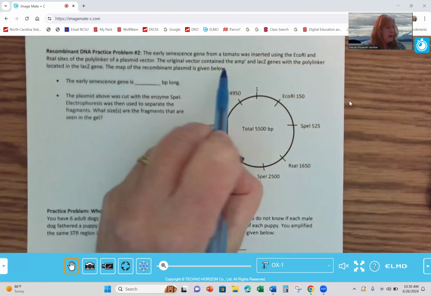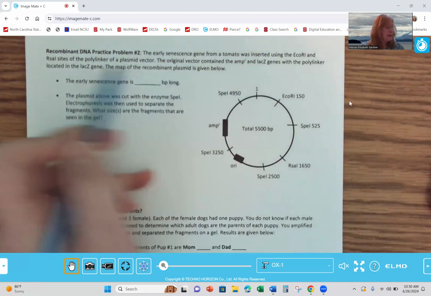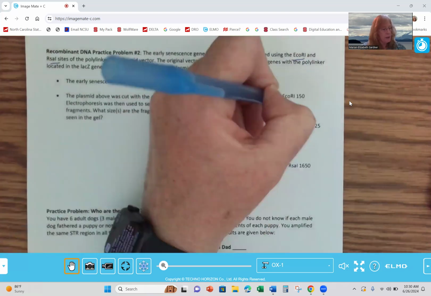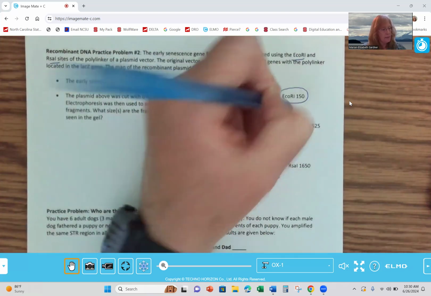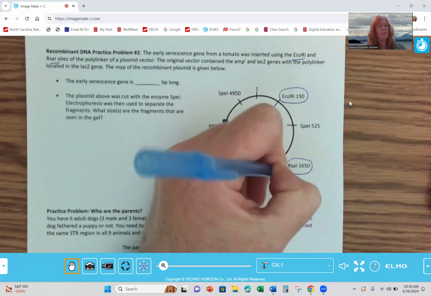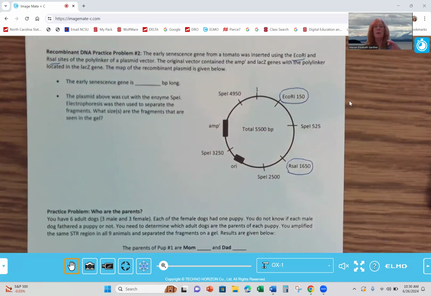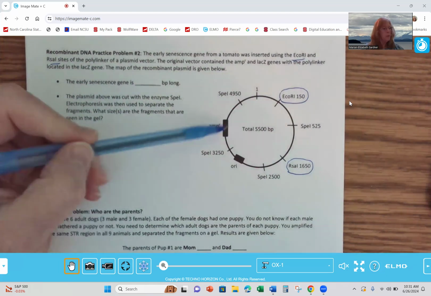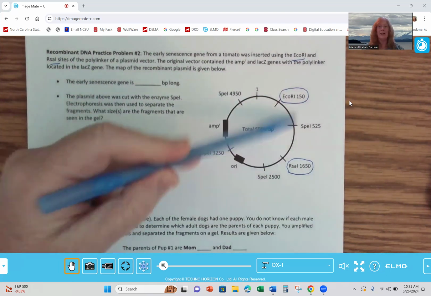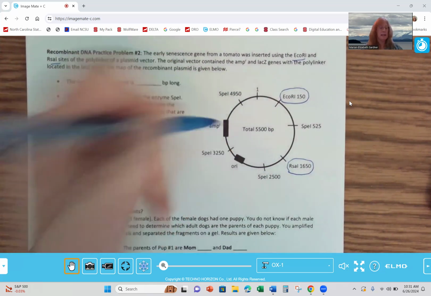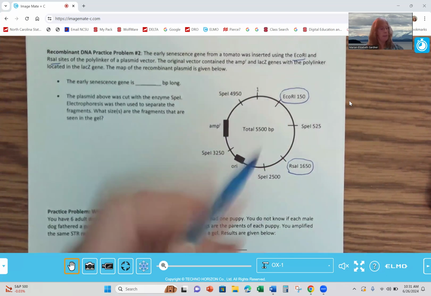So we look at the process here, and it says we use two enzymes, EcoR1 and RSA1. So there's EcoR1, and there's RSA1. Those were the two used as the enzymes that we were cut with when we inserted our insert of the senescence gene. So which way is the senescence gene? Is it here or is it there? Our original vector had to have the ampicillin resistance gene and an origin of replication.